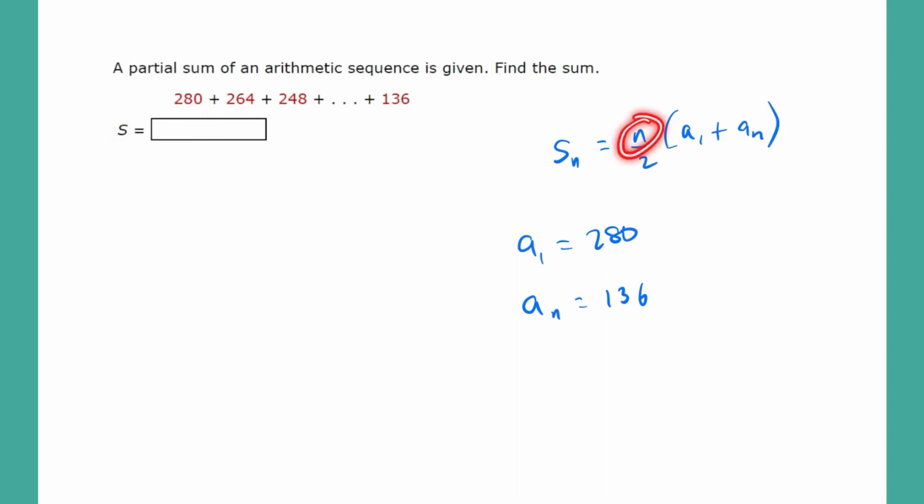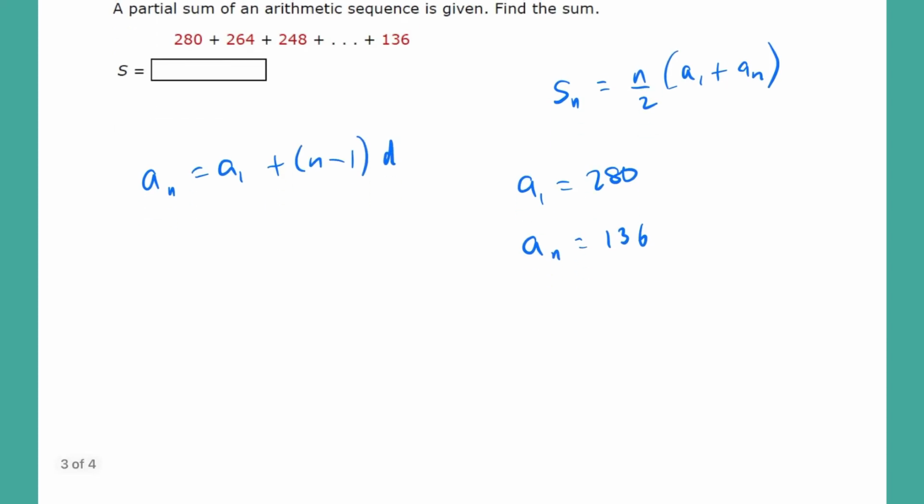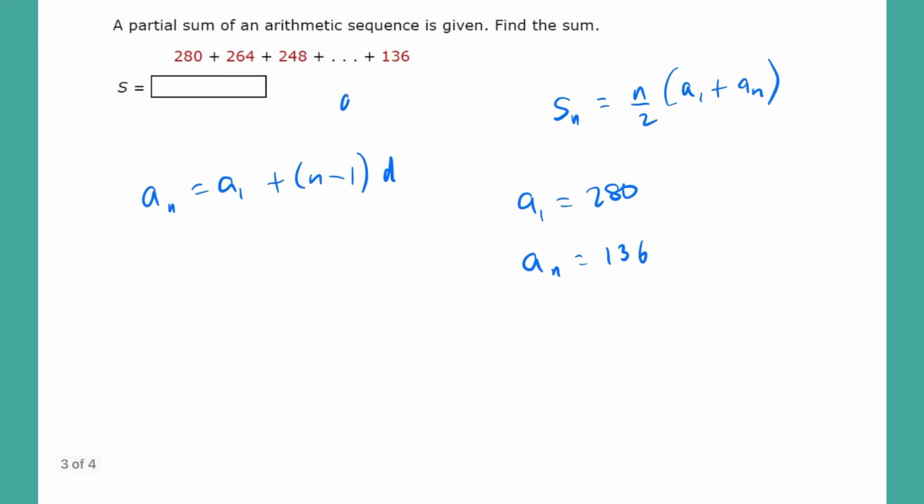All right, in order to find that, we're going to go back to our general term. And let's first find the common difference. We know there's a common difference because it tells us it's an arithmetic sequence, so that shouldn't be too hard to do. The common difference is always the second term minus the first term, which in this case will be a negative number. It's going to be negative 17, I believe.